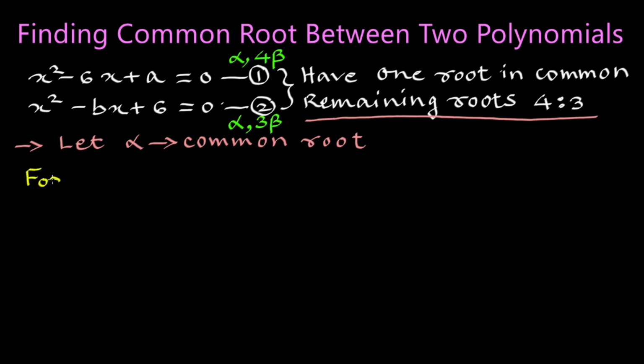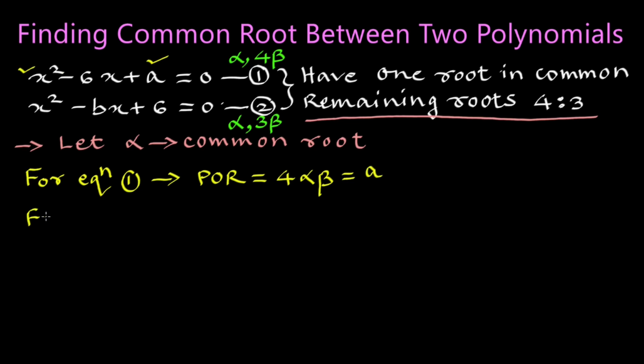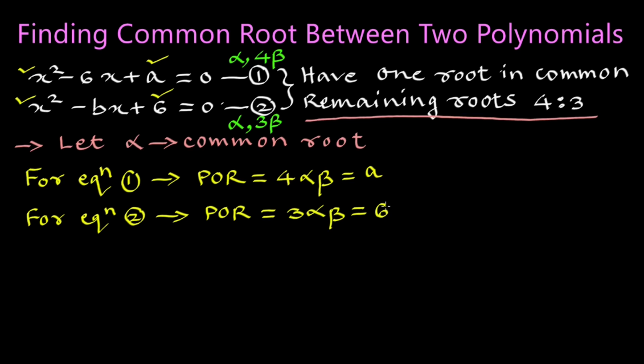So for equation 1, product of roots 4 alpha beta will be c upon a, that is a upon 1, a. And for equation 2, product of roots 3 alpha beta will be c upon a, that is 6 upon 1, 6.